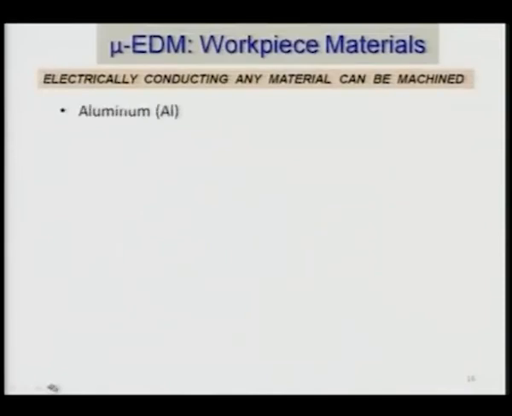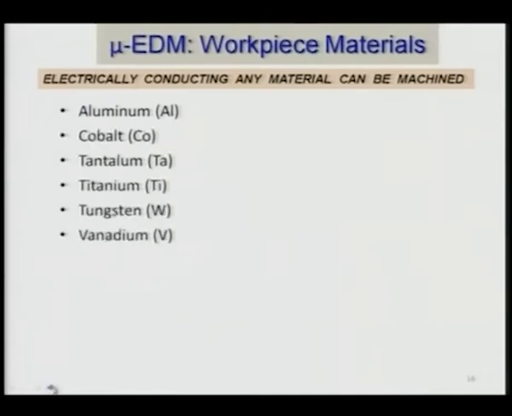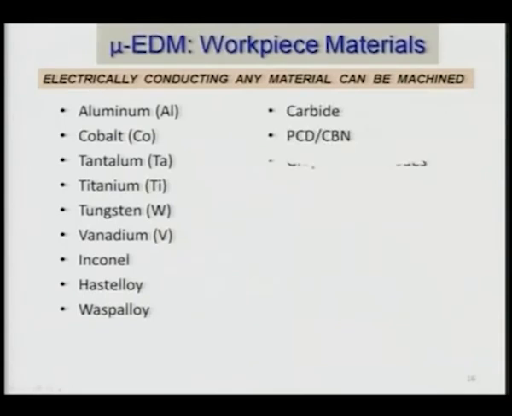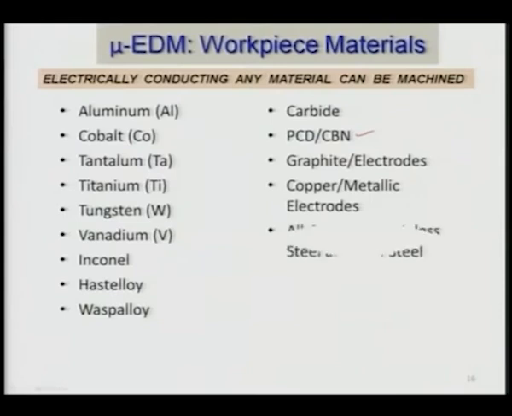Again, the workpiece material should be electrically conducting, and all kinds of electrically conducting workpiece materials are listed here. You can use aluminum, cobalt, tantalum, titanium, tungsten, vanadium, Inconel alloy, Astroloy, Waspaloy, carbide, PCD, polycrystalline diamond, or cubic boron nitride, CBN, graphite, then copper, metallic electrodes are used for copper also, and all grades of stainless steel and tool steel.